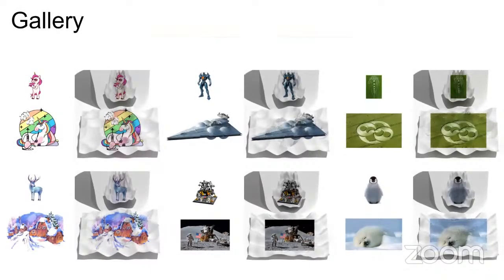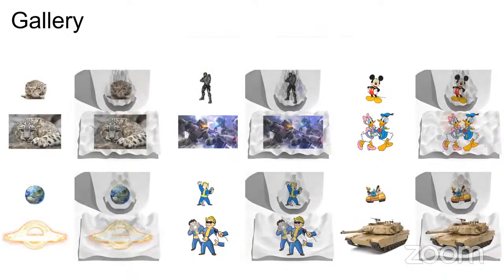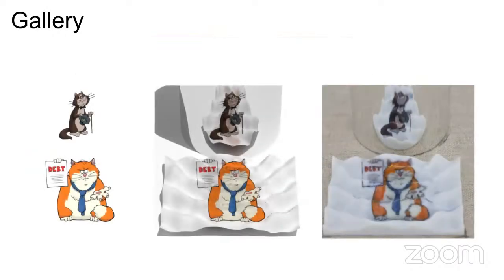We collect 23 different images and 5 surface shapes as input for our method. Here are the results with 18 combinations. For the 5 remaining examples, we use 3D printing technology to manufacture them.